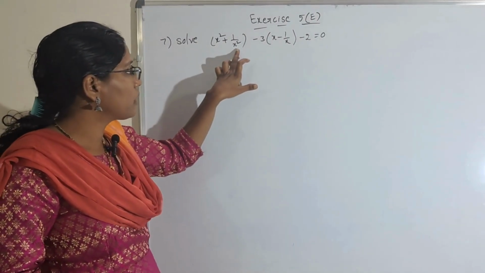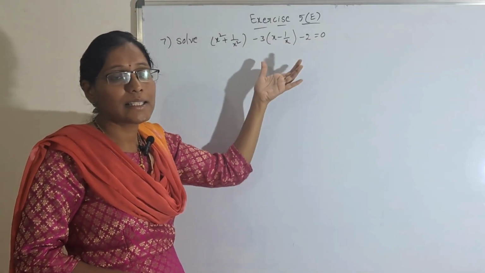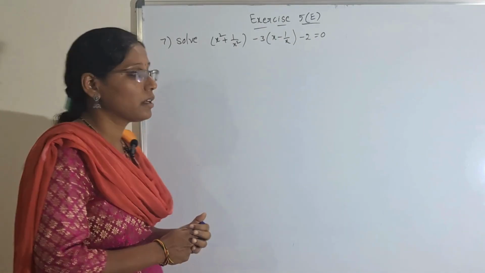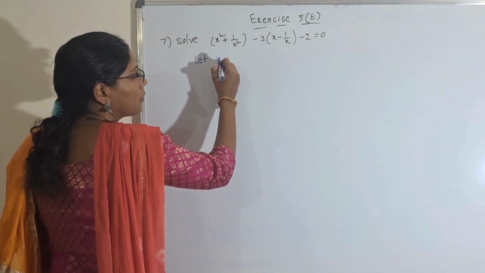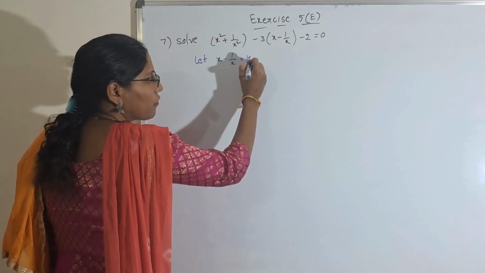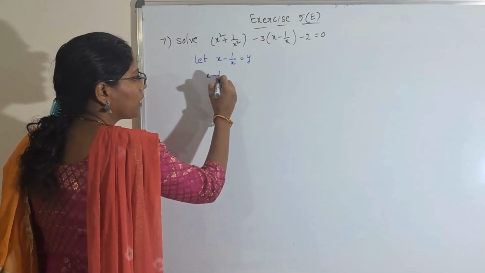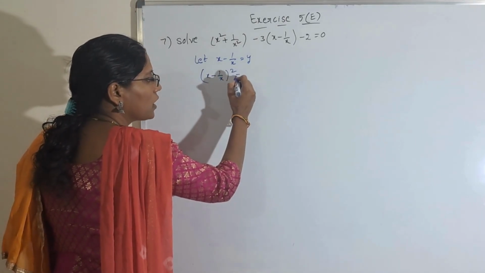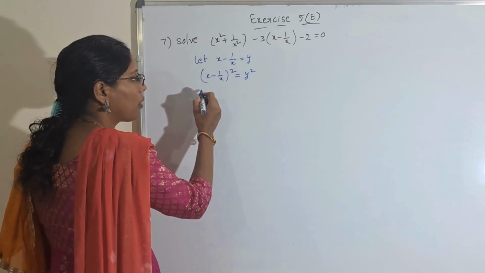Solve x square plus 1 by x square minus 3 of x minus 1 by x minus 2 equal to 0. Same type of problem before we did. How to do this one? Let x minus 1 by x is equal to some y, we have to take squaring on both sides. Here x minus 1 by x whole square equal to y square. Here a minus b whole square formula we have to apply.